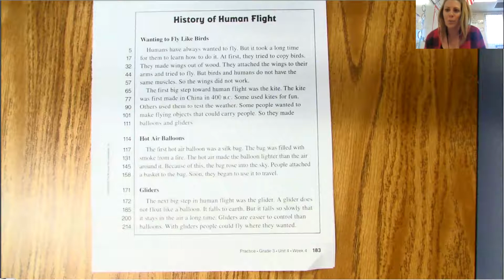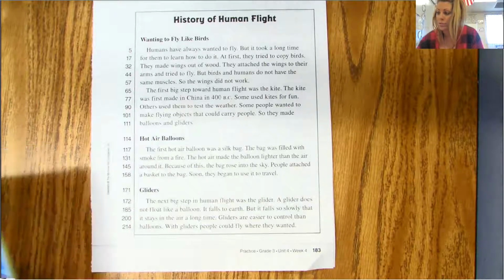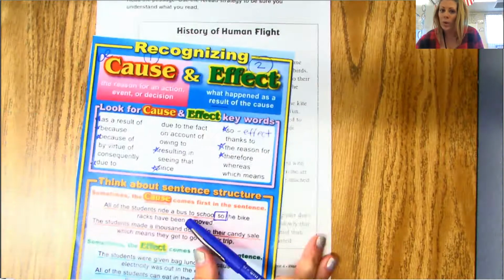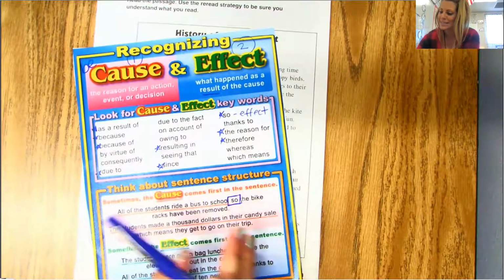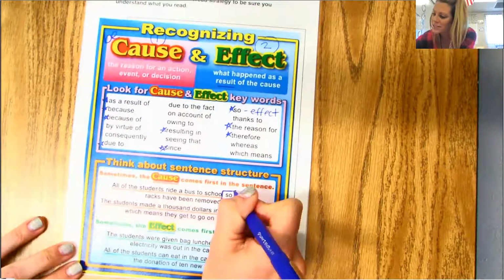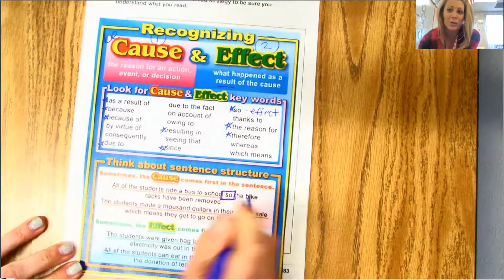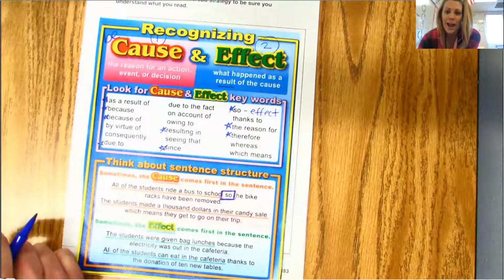I also wanted to point out something that I noticed. I made a mistake, and I'm sure you all caught it because you are smart cookies. When we were talking about the cause and effect sentences, that first sentence, I boxed so, and we pointed out that that was one of our keywords, but I realized that I said it was a cause word.